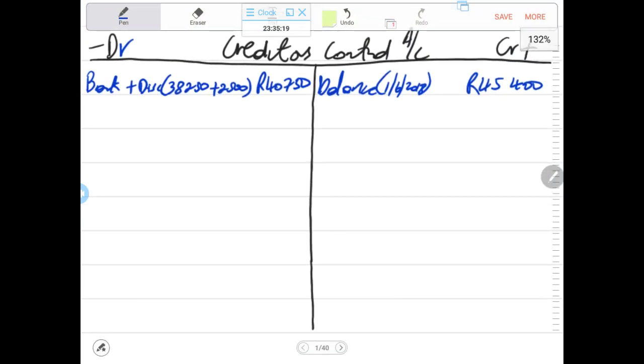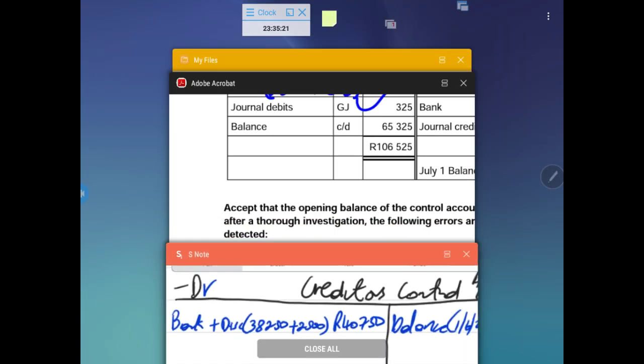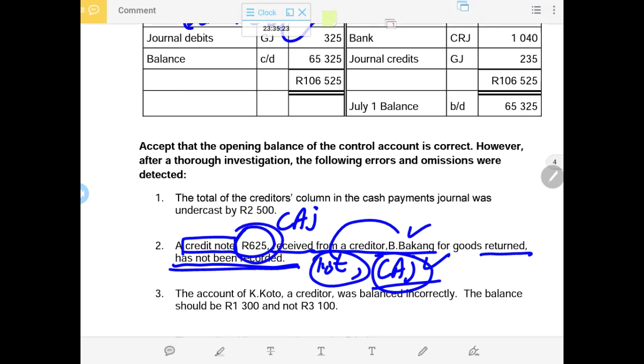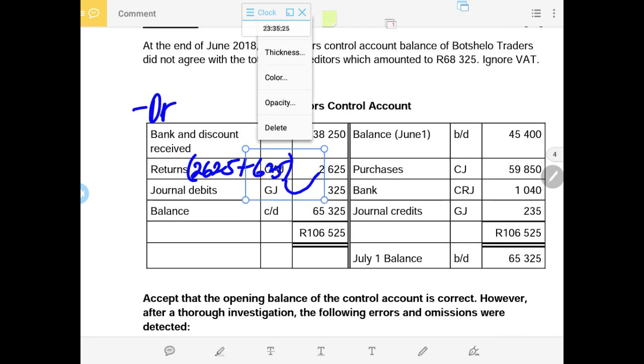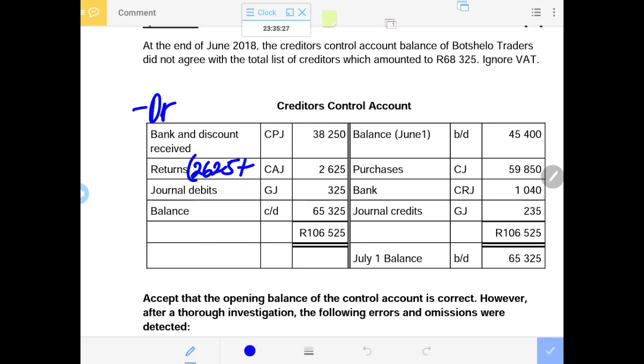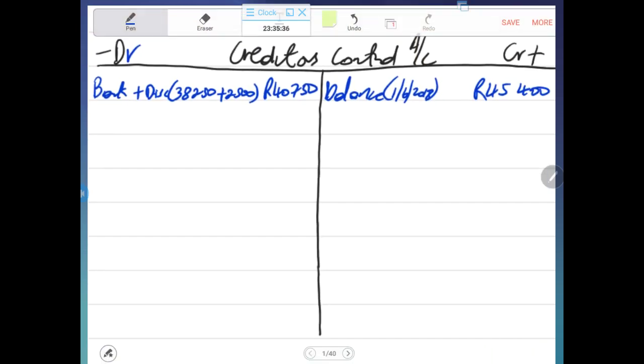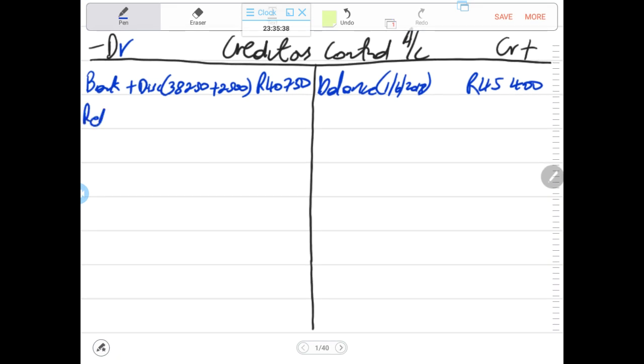Now let us start with the returns. Remember, I also mentioned to you that we need to check if it affects the creditors allowance journal. Yes, that is why now it will be recorded under returns, which is creditors allowance journal. Then we say returns.